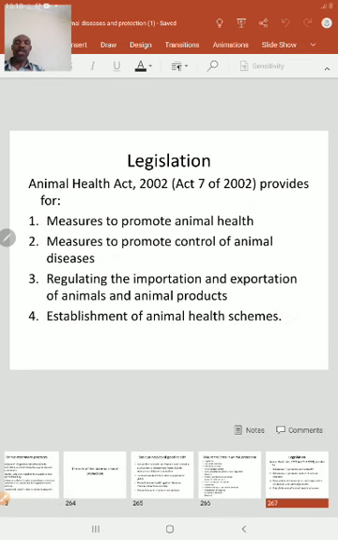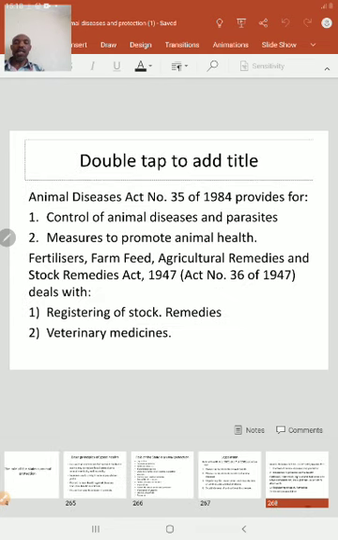In legislation, you can see those acts. Just go through the Animal Health Act. It measures and promotes animal health and the control of animal diseases. The Animal Diseases Act number 35 controls animal diseases and parasites, and promotes animal health.